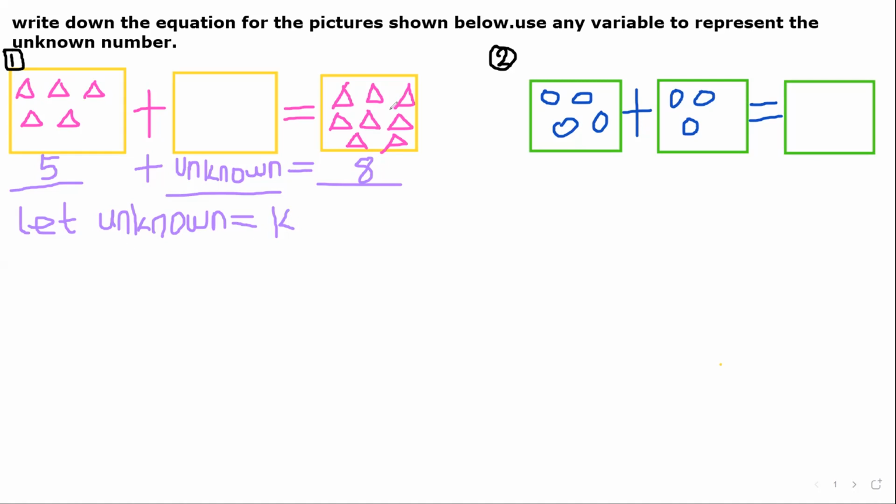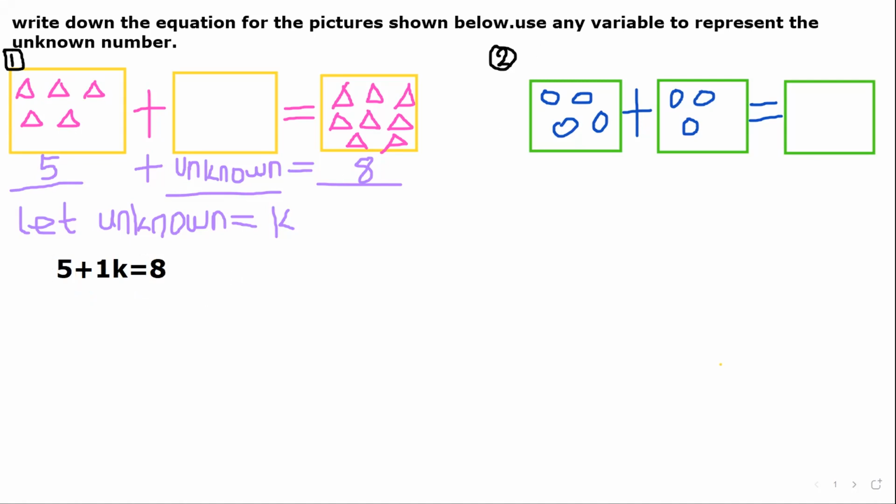Therefore, the equation will be 5 plus K, where the coefficient of K is 1, so 1K equal to 8. Good.